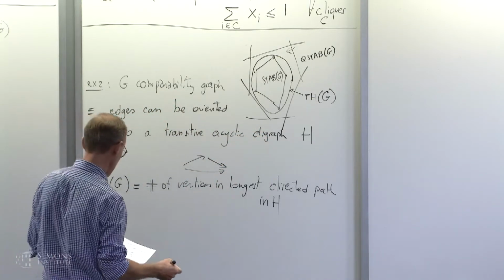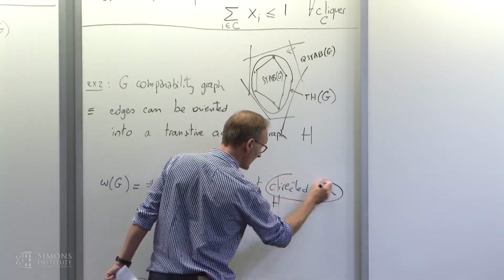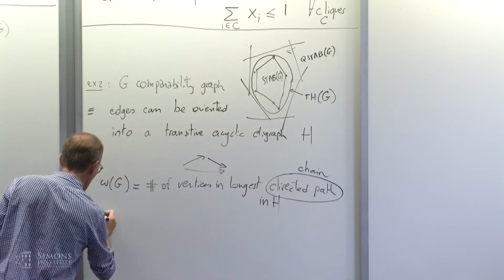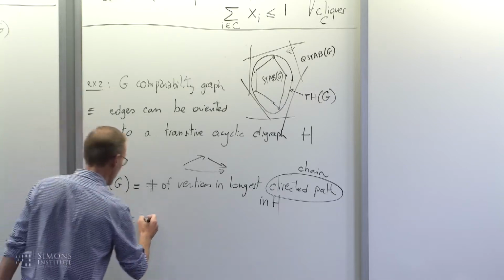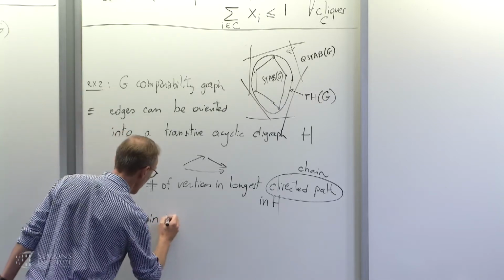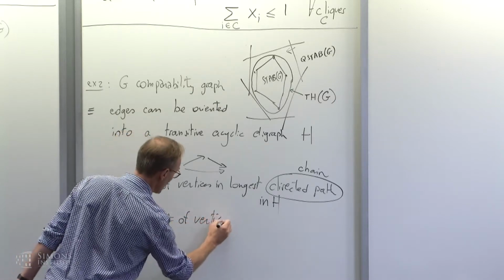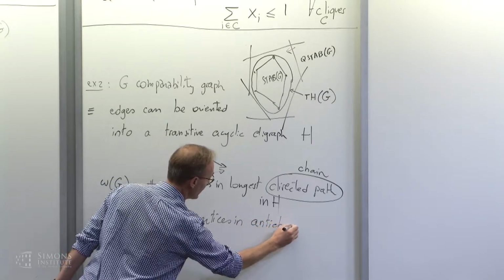So that's typically called an anti-chain, and so the chromatic number would be the minimum number of vertices in what's known as a chain partition.